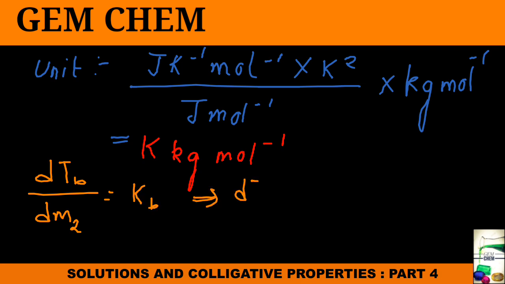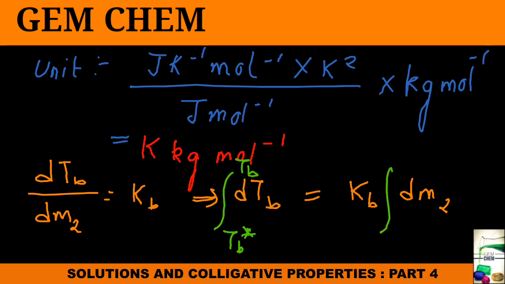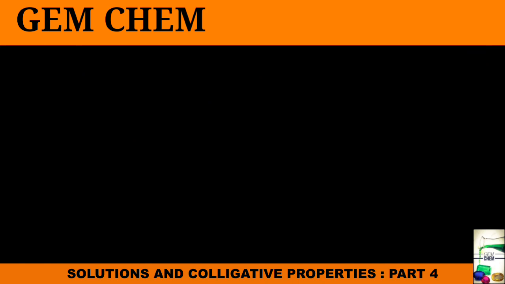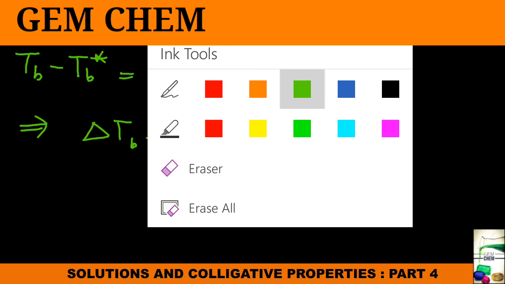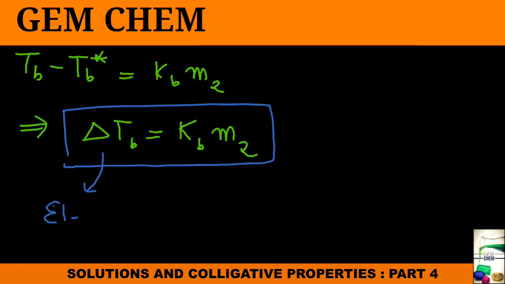Now if we take this like this, dTb equals to Kb dm2, and try to integrate it from Tb star to Tb, and here from 0 to M2, we will get Tb minus Tb star equals to Kb M2, and this is delta Tb equals to Kb m2, where delta TB is elevation in boiling point, and we know what is Kb, and m2 is molality.